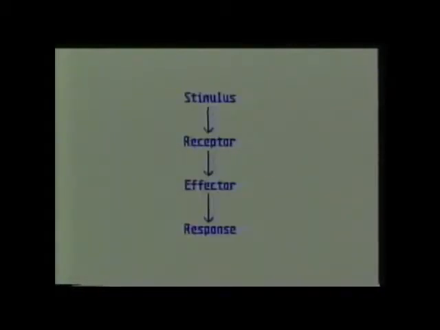The sequence of events involved in a sensitivity reaction is summarized here. Firstly, we will consider how a stimulus can be detected by various types of receptors. Then we will consider how the message is communicated to the effector in order to bring about a response.